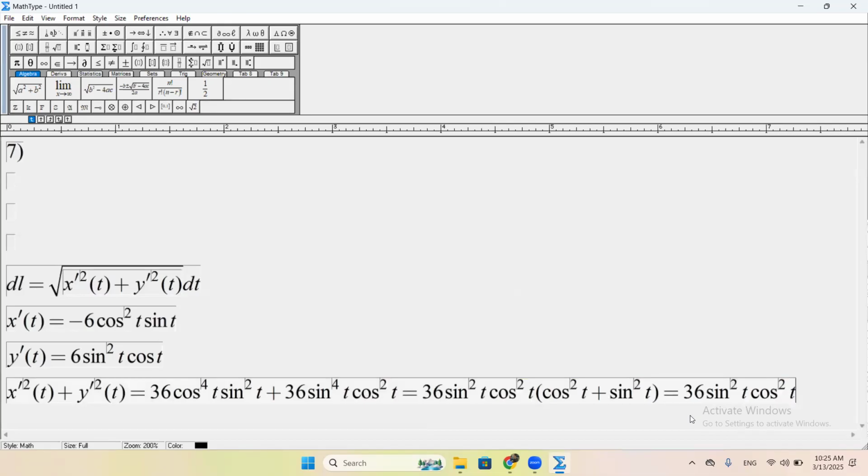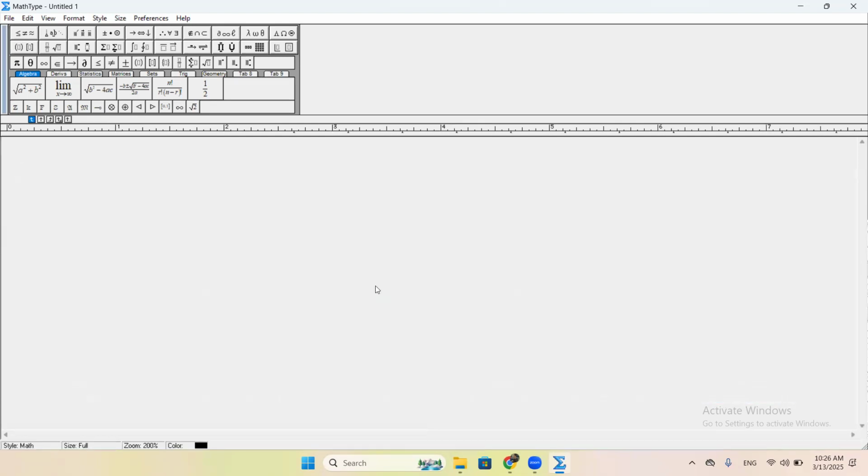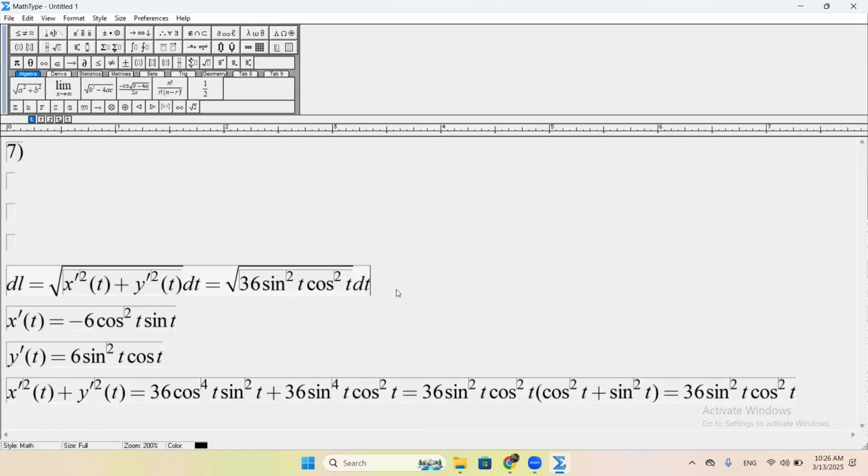So dl will be equal to this expression and dt, and so it is equal to 6 sine of t cosine of t dt.